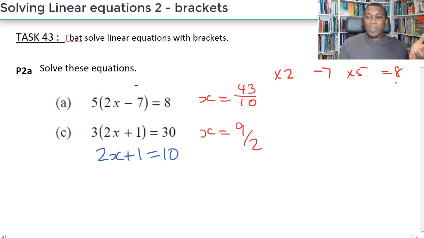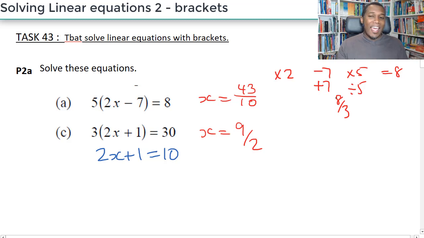The reason I want to use a function machine is because, as soon as I start to go the other way, what happens? I need to divide by 5, yeah? The 8 divided by 5 gives me 8 on 5, a fraction. Then I need to add 7. Do I really want to add to a fraction?